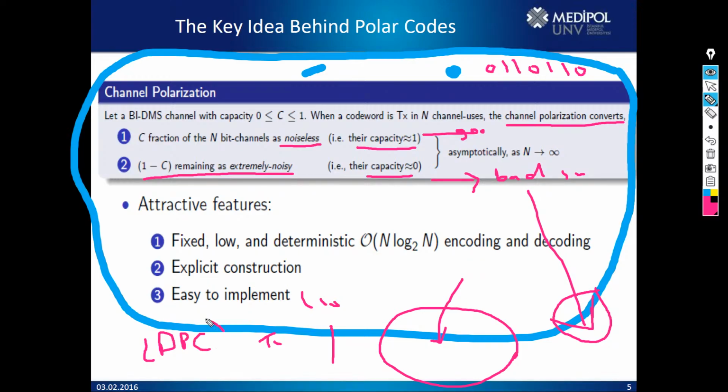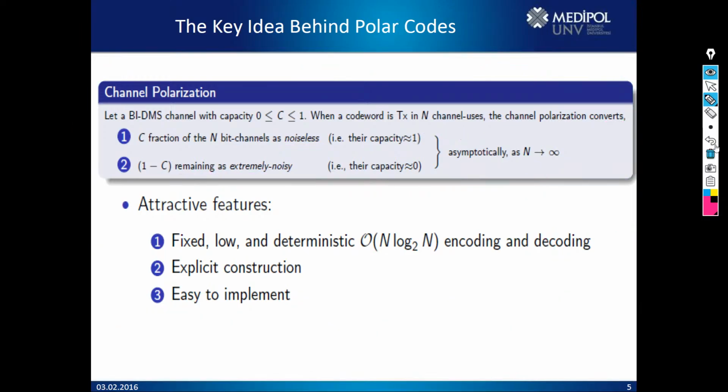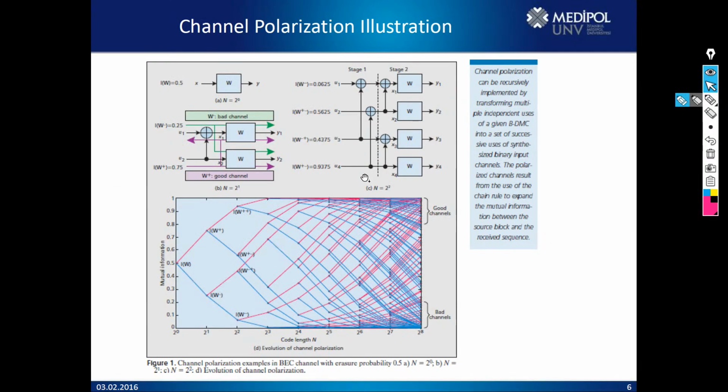There are advanced versions of them that can be very close to the Shannon limit in terms of error performance and data rate. And there are also Reed-Solomon codes and some others. They are also very competitive. They really do very well as well. So these are the main features, and here, the channel polarization, how to deal with it.